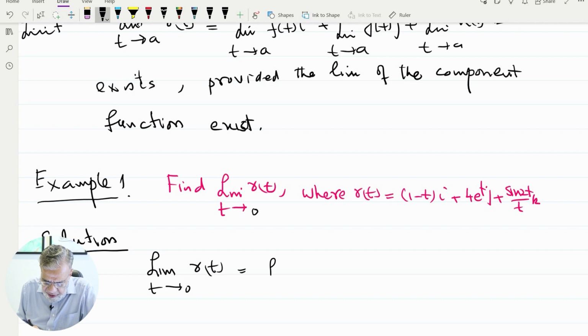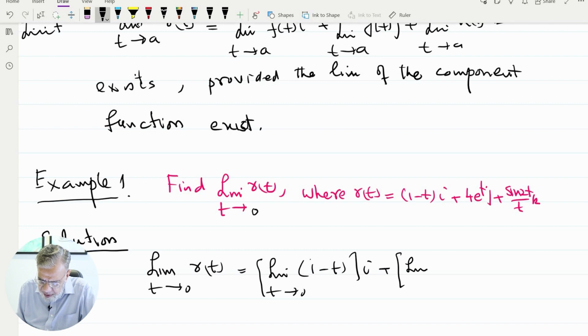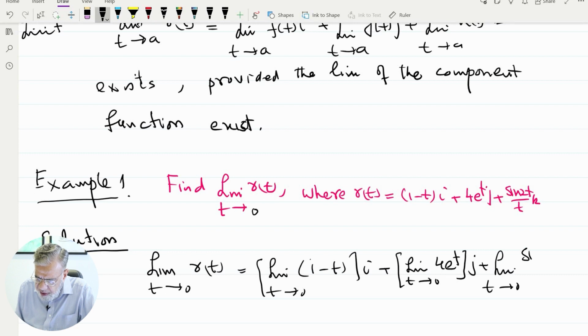I take the limit of each component as t tends to 0: the limit of (1 minus t) times i, plus the limit of 4 e to power t times j, plus the limit of sine 2t over t times k.